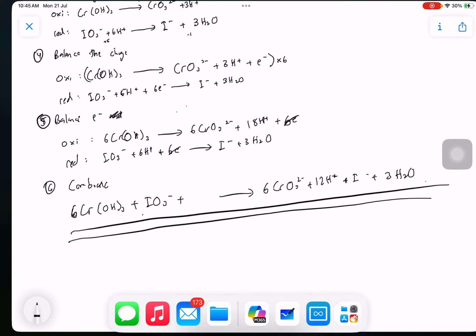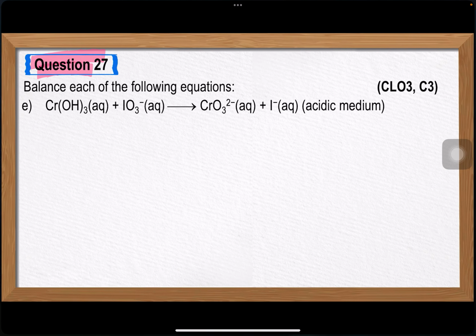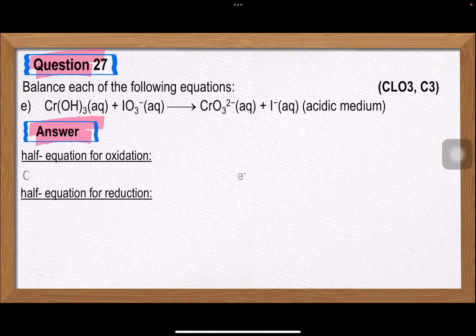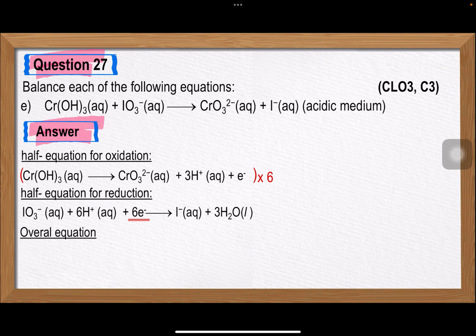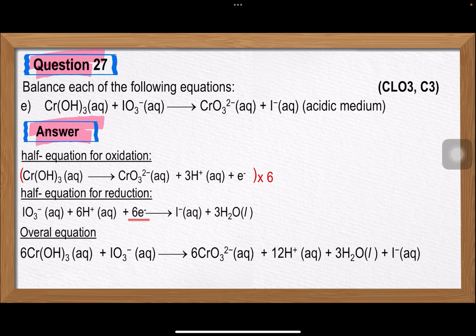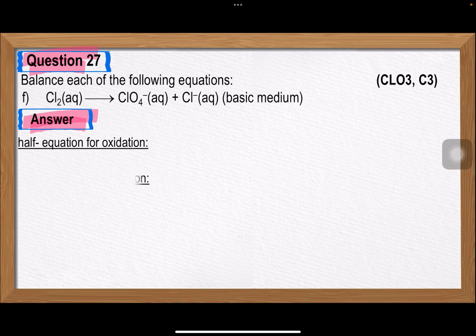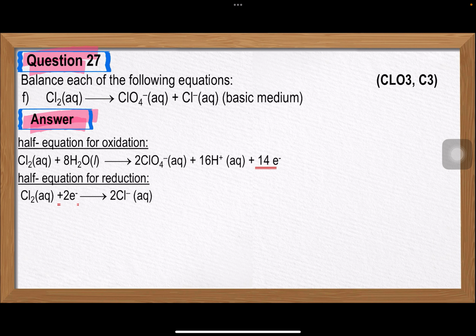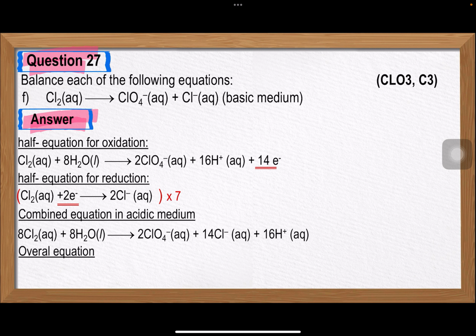Okay, from here times 6, 12H+, the final answer. And then D, E, F. I already discussed this in your class.